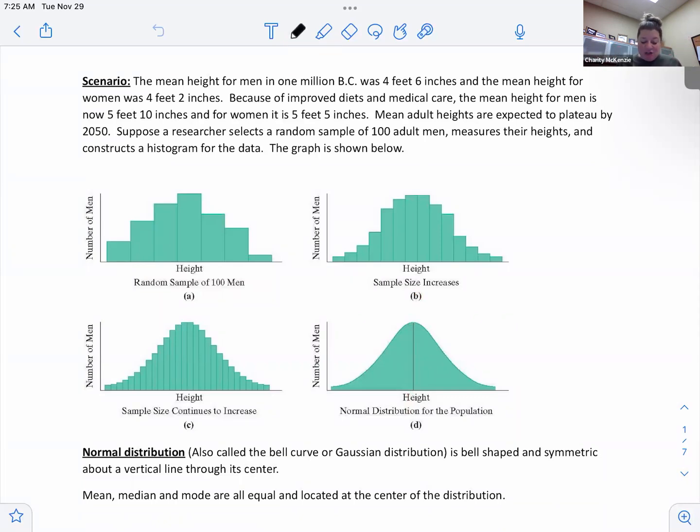So if the shape went up and down like this, that's going to be right skewed. It goes up in a bell, but it's going to keep going out, right? If each box is something like this, that's uniform. Everything's the same.